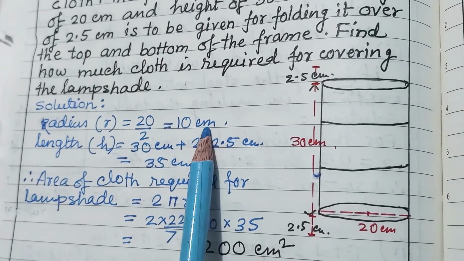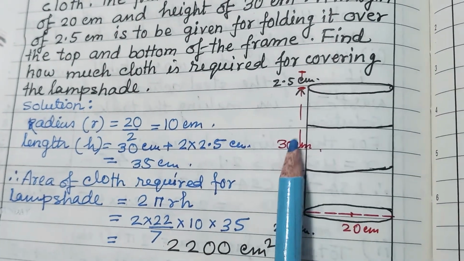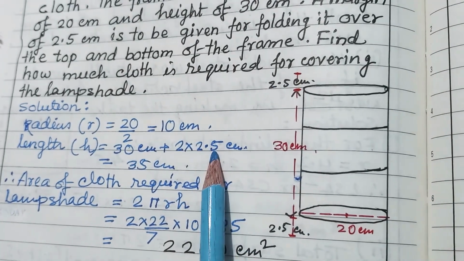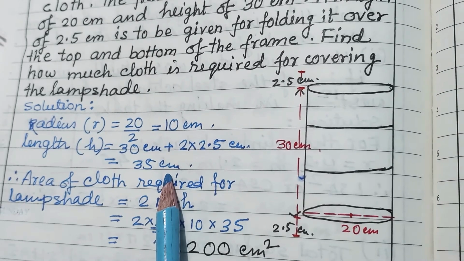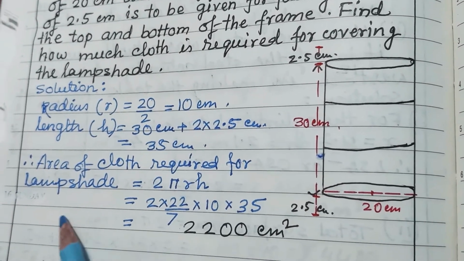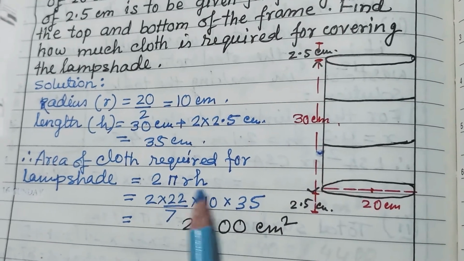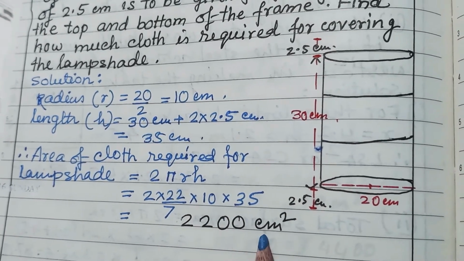Length has been given 30, plus 2.5 plus 2.5, means 2 into 2.5. So it is 30 plus 5, 35 cm. So the area of cloth required for the lampshade is 2 pi RH, it is 2200 centimeter square.